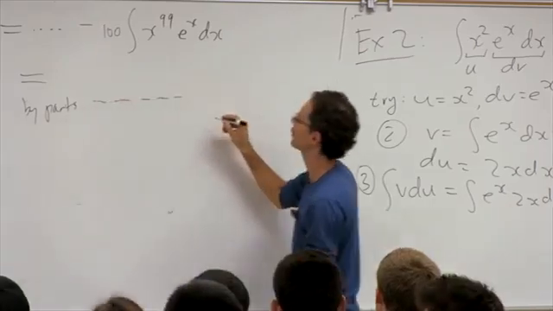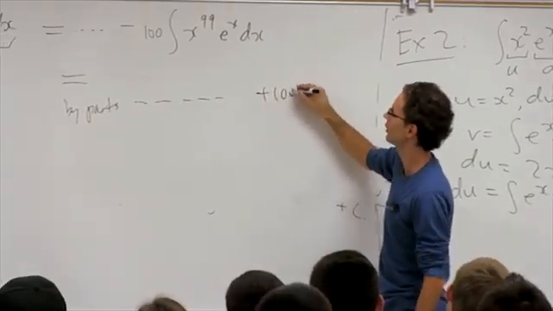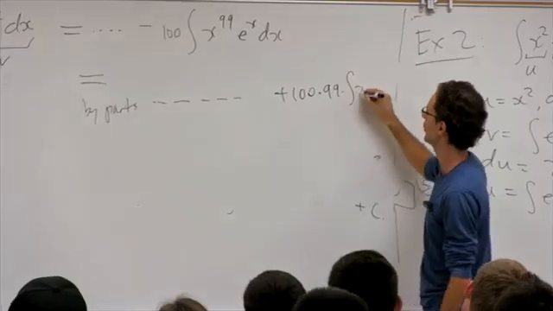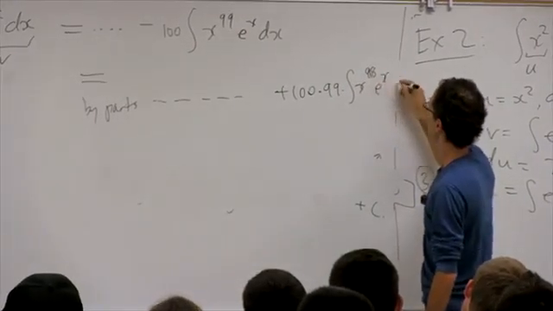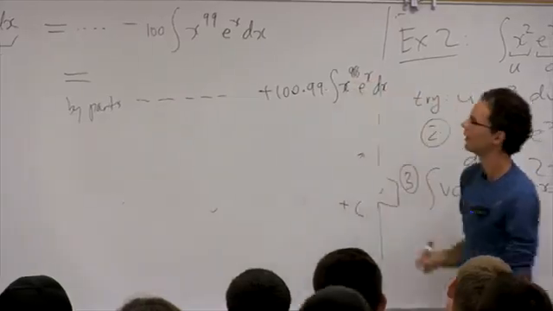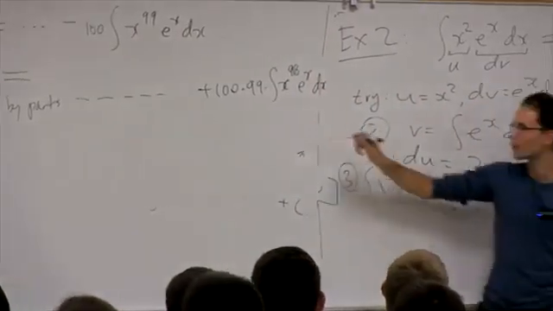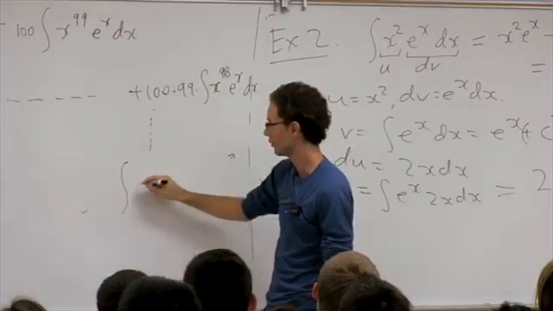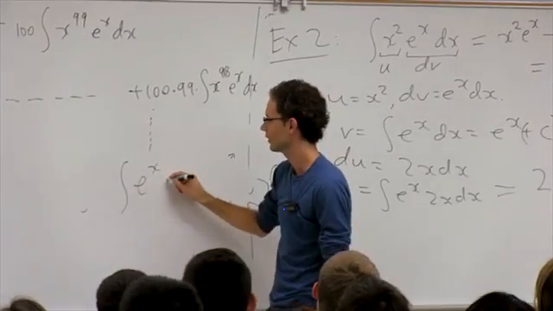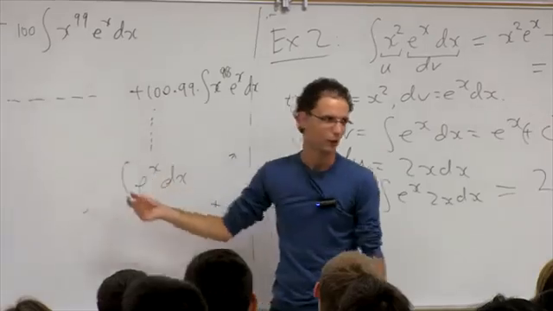Now you have a lot of stuff, and then you have 100 times 99 times the integral of x to the 98 e to the x dx. And you can keep going. And eventually, you'll get down to an integral we actually found, which is something like this. Just have to do it 98 more times.